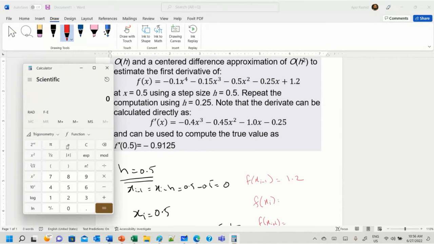So this is what I'm going to do. 0.5 to the power 4 multiplied by 0.1, 0.5 to the power 3 multiplied by 0.15, also minus 0.5 to the power 2 multiplied by 0.5, also minus 0.5 multiplied by 0.25, also minus 1.2 is plus. So I'm left with 0.2.